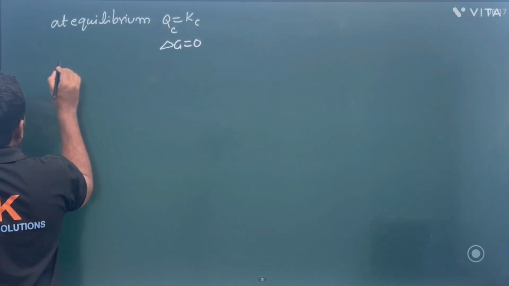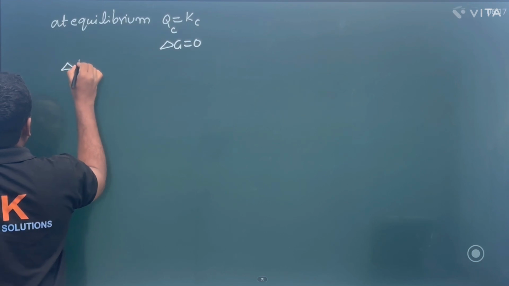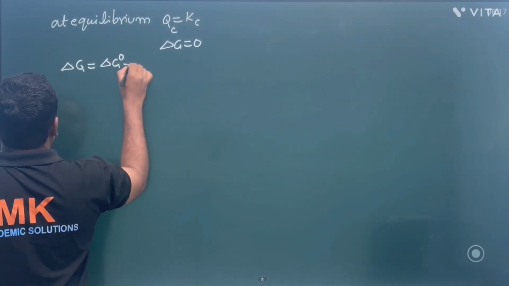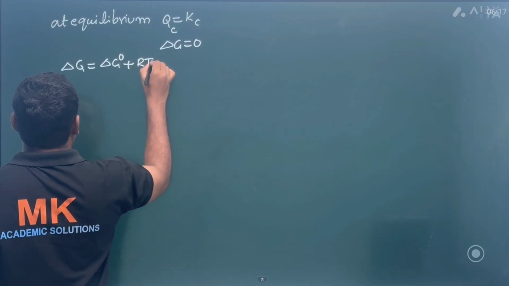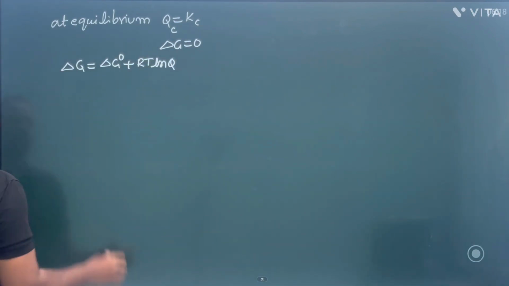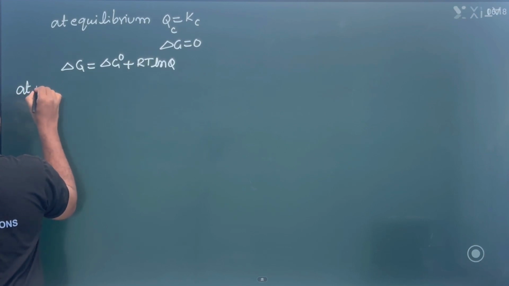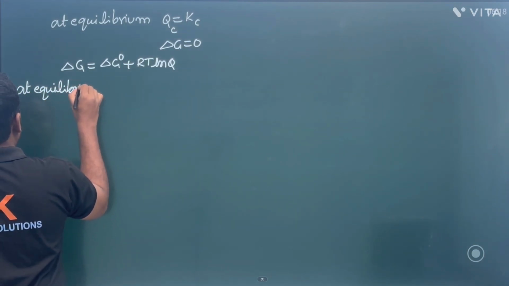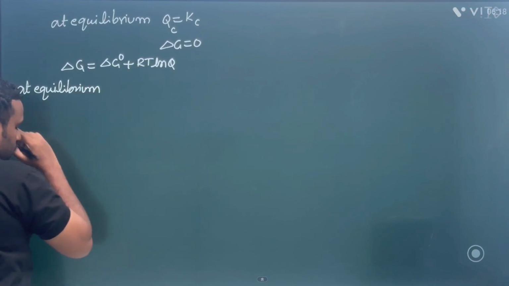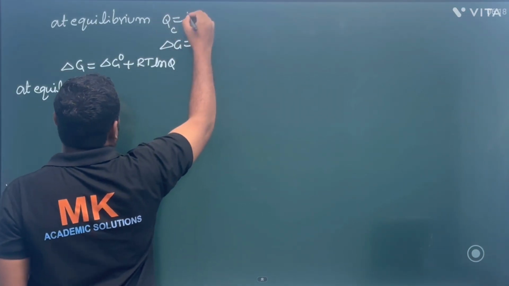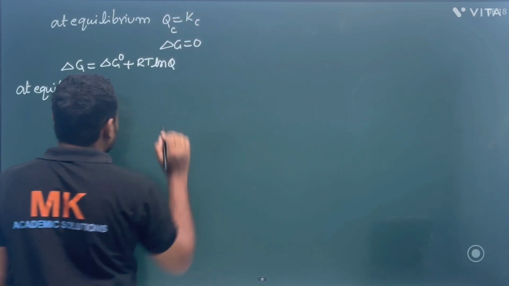We know delta G is equal to delta G naught plus RT ln Q, right? So at equilibrium, Qc is equal to Kc and delta G is equal to 0.